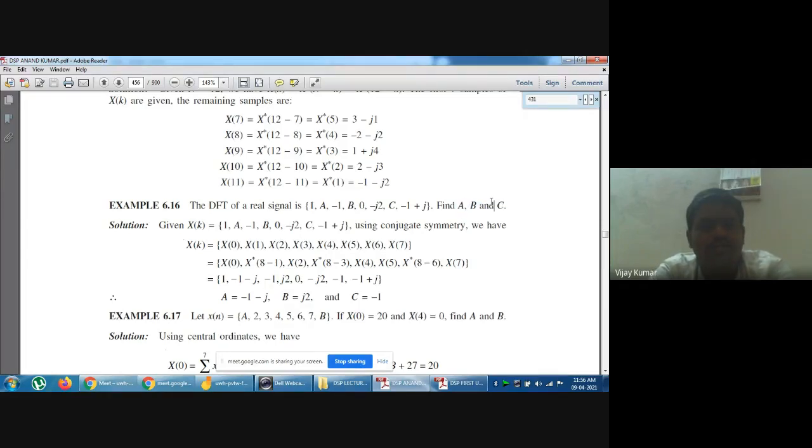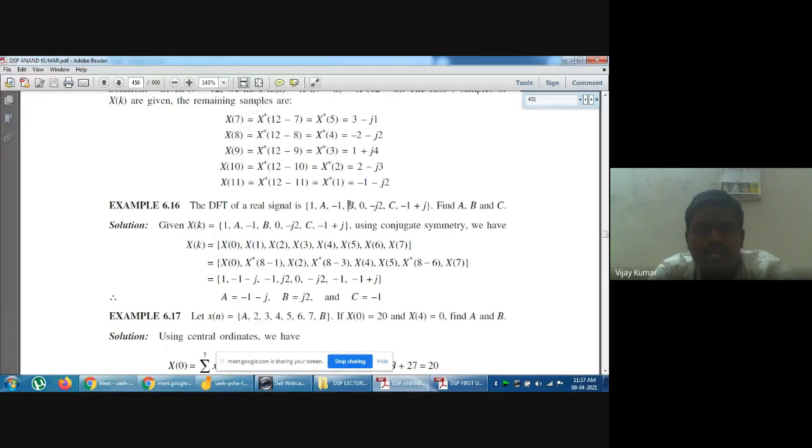So you can apply the conjugate symmetry property. x of 7 is x star of 1. x star of 1 is minus 1 plus j, so x of 1 is minus 1 minus j. So the a value is minus 1 minus j.